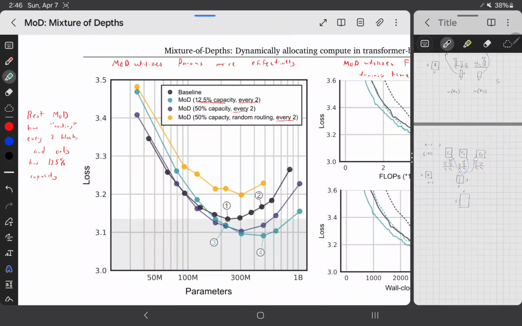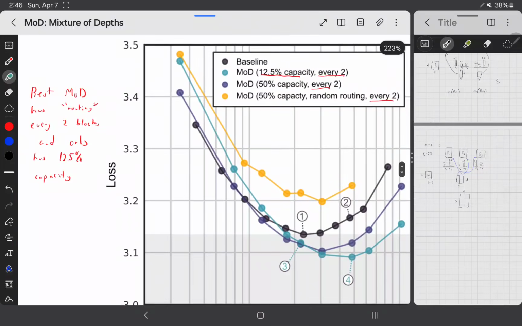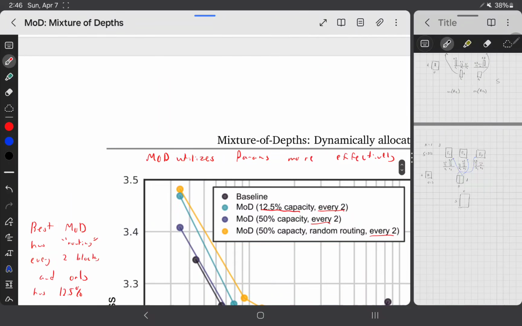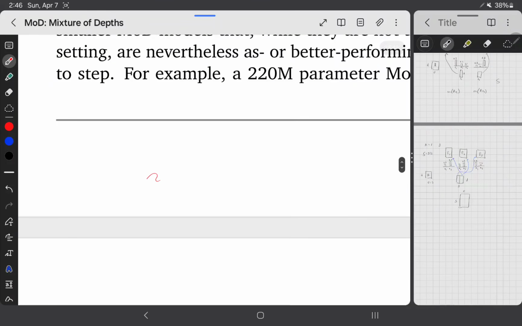Now, they look at a bunch of different models and they find that the best way to add these layers with the compute limit is to do it every other layer, interestingly. So you have your input, then you have an MOD, and you just stack this.